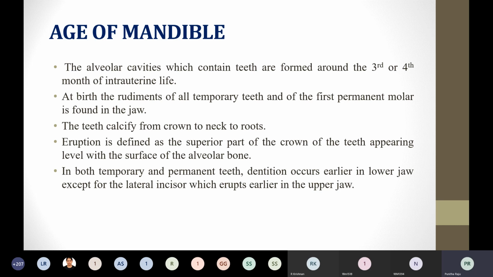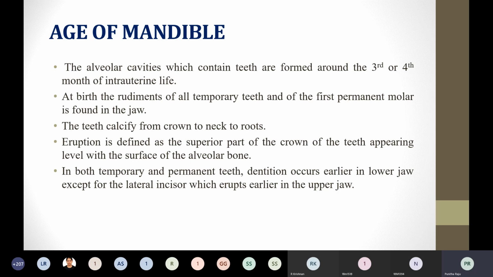And one more very important thing is that tooth eruption is earlier in females when compared to males. In females it is almost 6 months to 1 year earlier, and in males it is a little bit delayed. These are the important points you should know. The next one is the wisdom teeth.